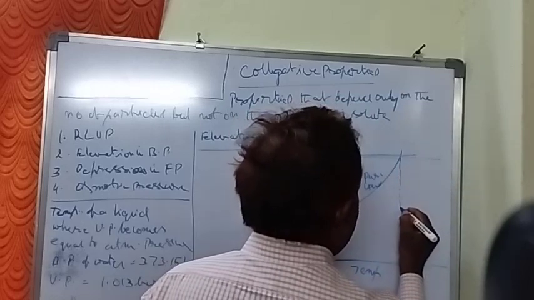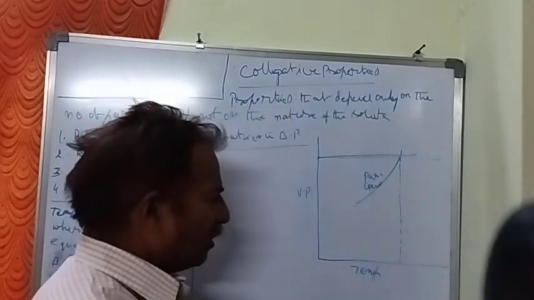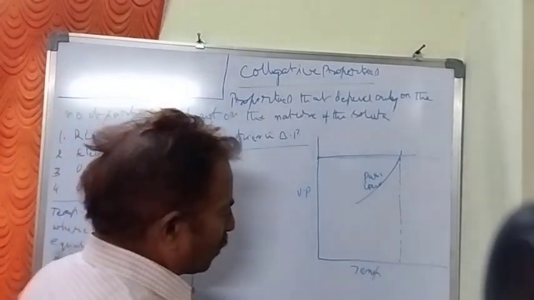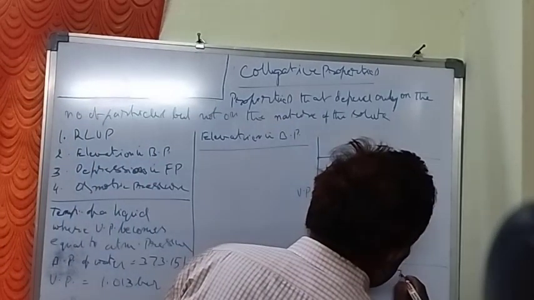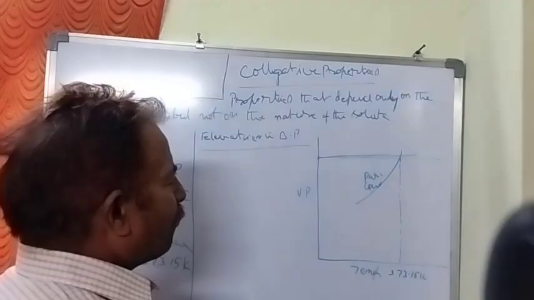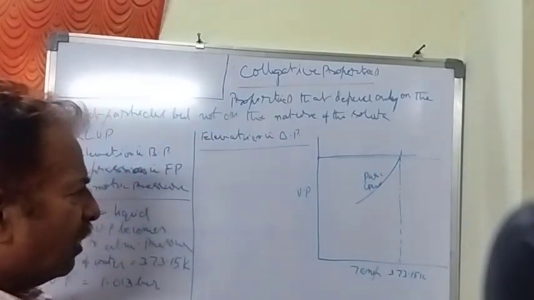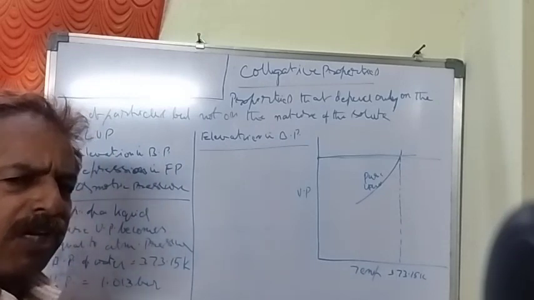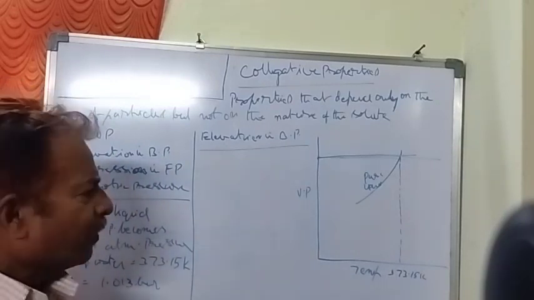Draw a vertical line where it touches the temperature axis. This temperature is 373.15 Kelvin.